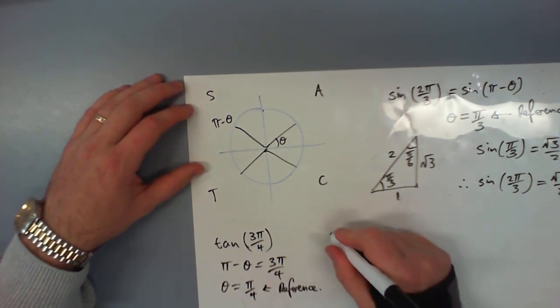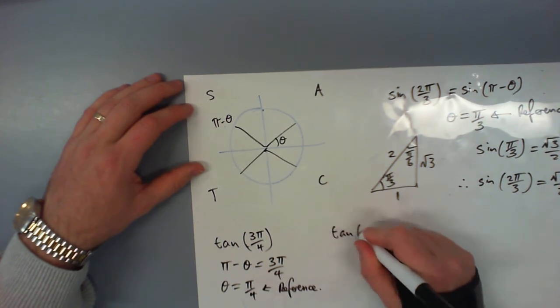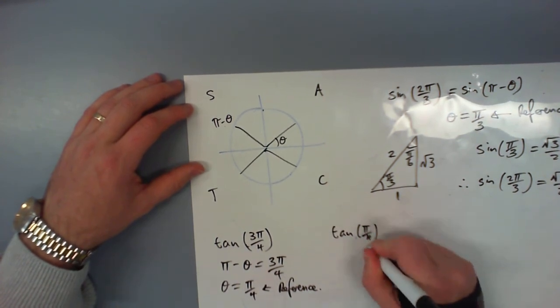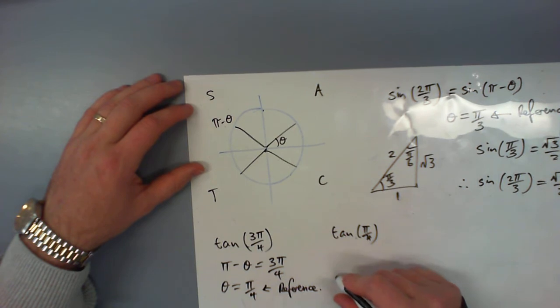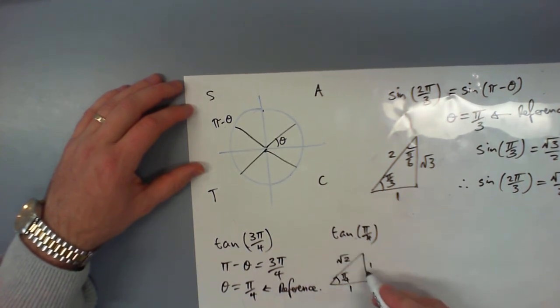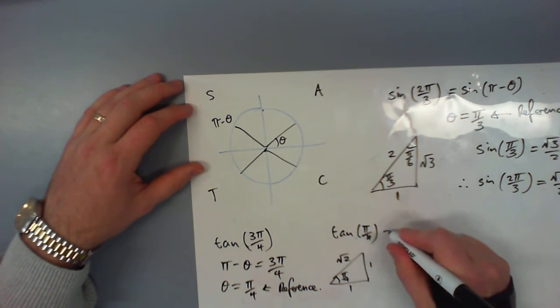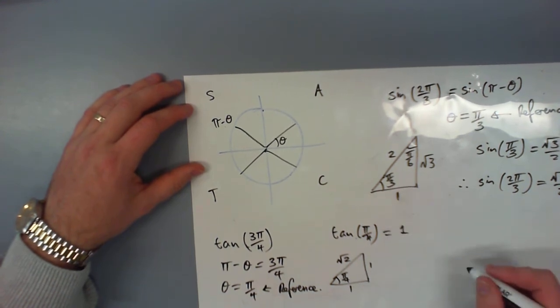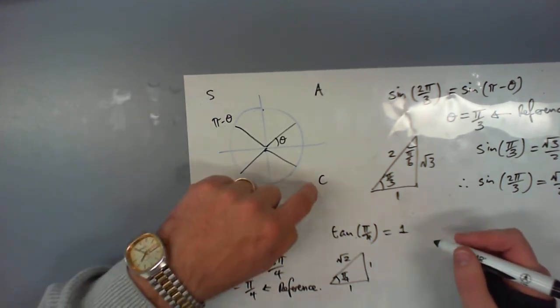So now we actually take our value of tan of pi on 4. For that one, we're using this triangle, which is our pi on 4 triangle, which is 1, 1, and root 2. And tan is opposite over adjacent, so it's just 1 on 1, which is 1. However, now we need to use CAST.